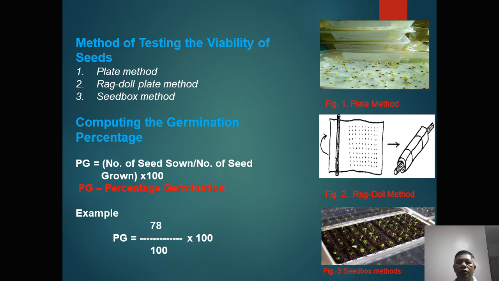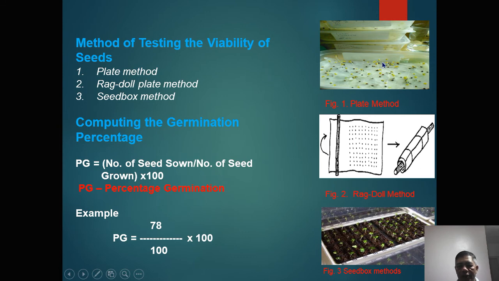After that, I cover the plate and place it in a dark, cool, and dry place. After 3 to 4 days, it will be opened, the number of seeds grown will be counted, and of course the percentage germination will be computed.